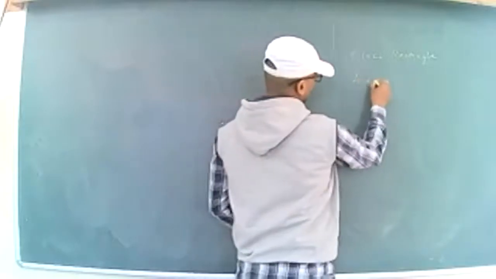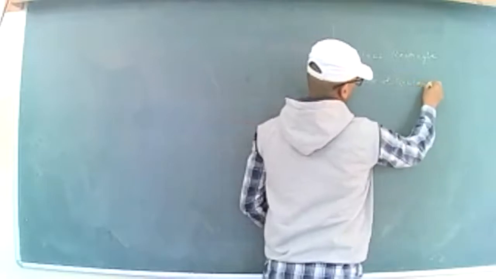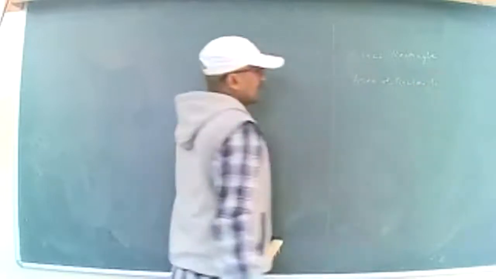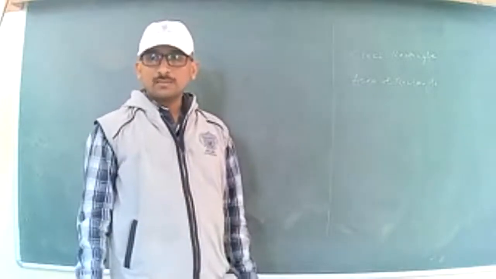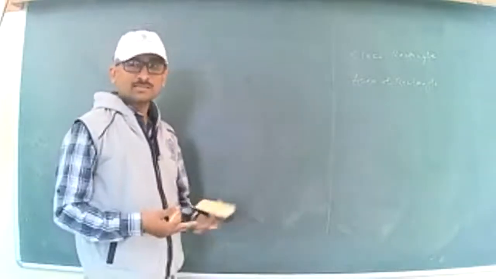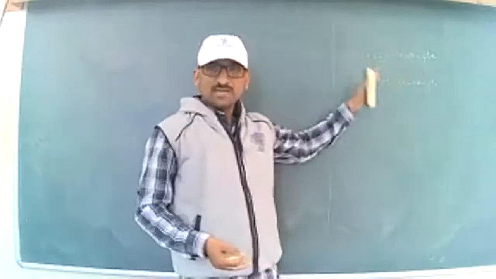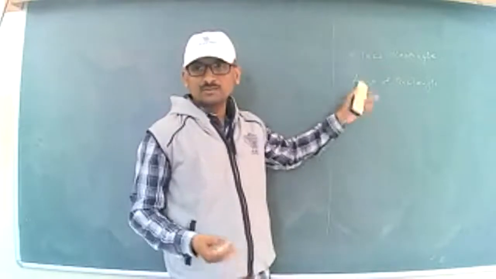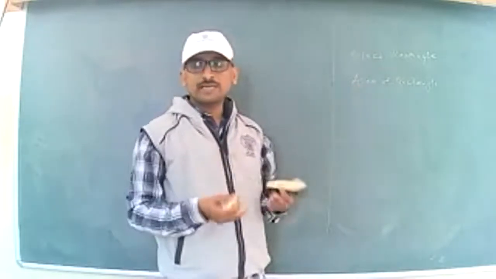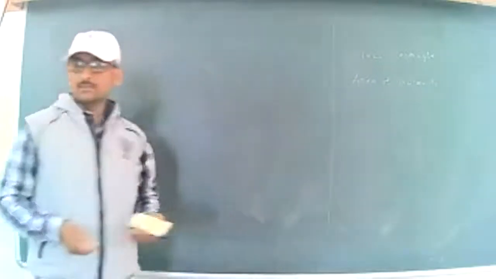Our problem definition is to find out the area of a rectangle by using one class with the name rectangle. We can have one function with the name area in which we are going to calculate the area of that rectangle. Okay, so let us start with the program.